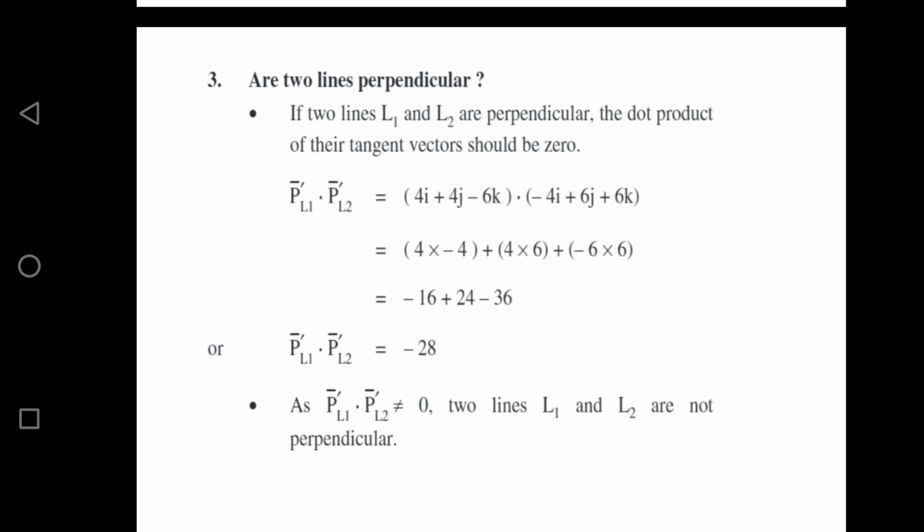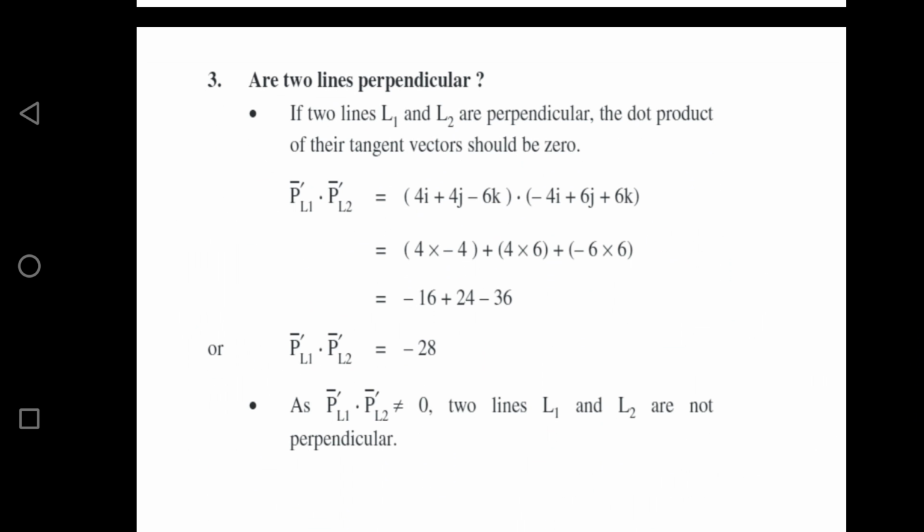By seeing the representation of those lines in Cartesian coordinates, we can say that these two lines aren't perpendicular. And it is also proved that the dot product of the two tangent vectors is not equal to 0. It has a value of minus 28. Whether it goes negative or positive, if it is not 0, those two lines are not perpendicular.